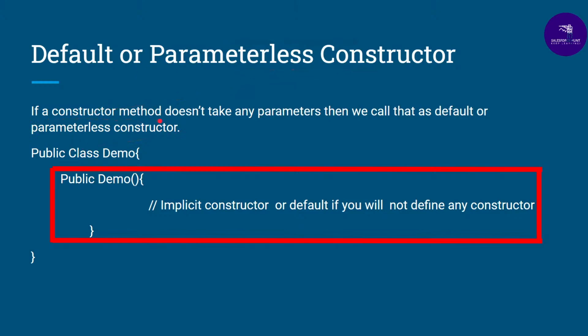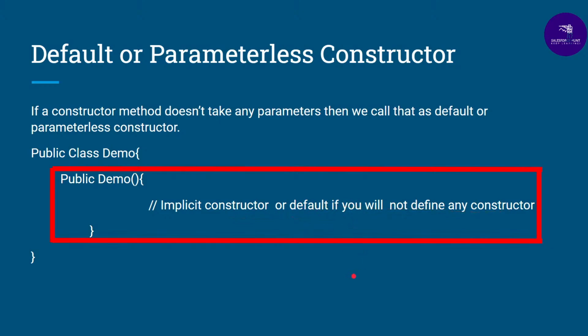If a constructor method does not take any parameter, then we call it a default constructor or parameterless constructor. Here you can see public class demo. Under this demo class we have public demo, which is a constructor, and it's an implicit or default constructor if you will not define any constructor.